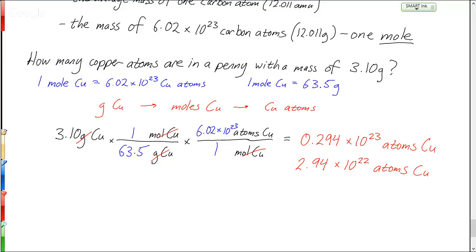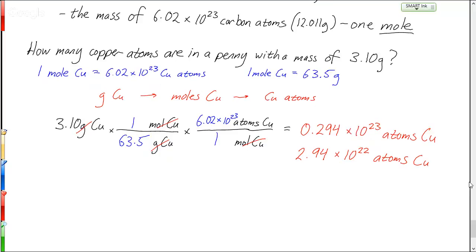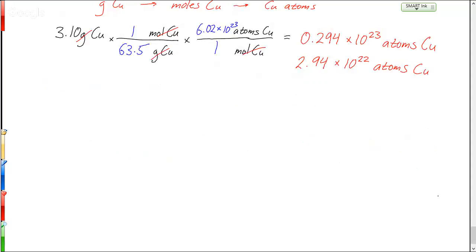Okay, let's try another one. There's only a few different ways this thing can be asked. So if you do a bunch of practice with these molar mass problems, you're going to encounter every possible thing. Here's another way to ask it, kind of backwards of how we just did it.